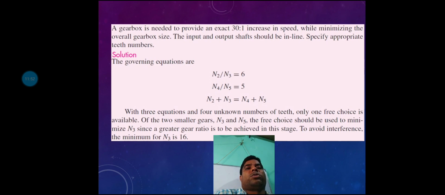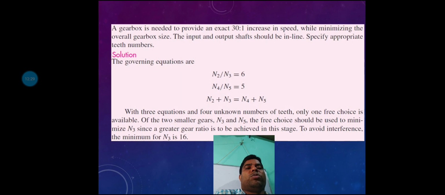Now a simple problem regarding the gearbox with reverted gear train. A gearbox is needed to provide the exact ratio, that is 30:1 increase in speed, while minimizing the overall gearbox size. The input and output shafts should be in line, and we must specify appropriate teeth numbers. So the equations are n2 by n3 is equal to 6, n4 by n5 is equal to 5, and n2 plus n3 is equal to n4 plus n5.